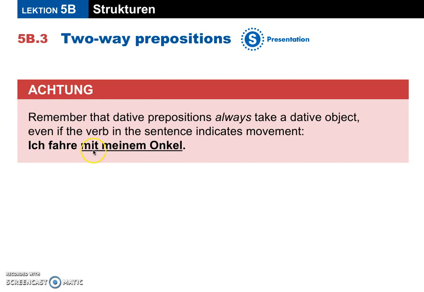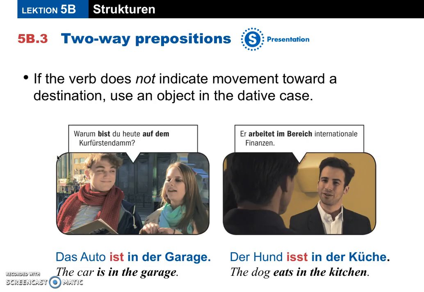With the dative prepositions, you're not really expressing any movement with the preposition. You're just saying, in this example, ich fahre mit meinem Onkel: together with your uncle, you're driving. If the verb doesn't indicate movement, as I said, then you use the dative.